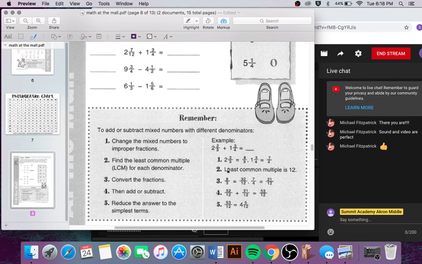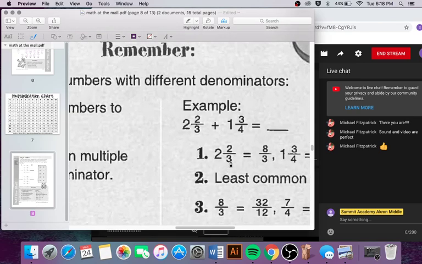To change a mixed number to an improper fraction, you're going to multiply the denominator, which is the bottom number, times the whole number. So 3 times 2 is 6, plus 2 is 8.